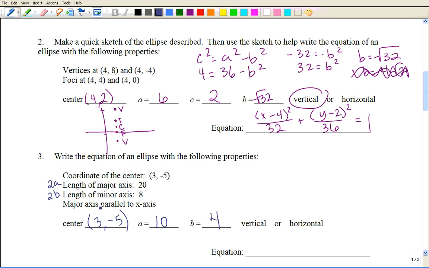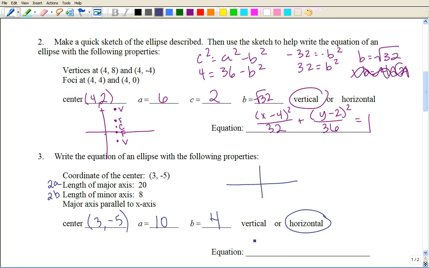The major axis is parallel to the x-axis. The x-axis is going left and right, and the major axis, the longer part of it, is also parallel to the x-axis. Then that means this is going horizontal.